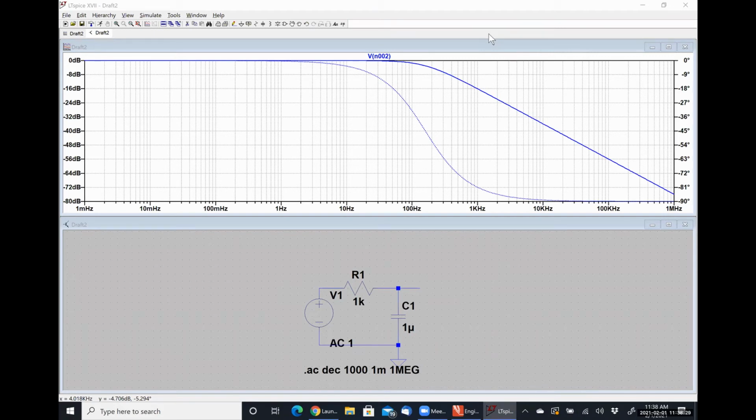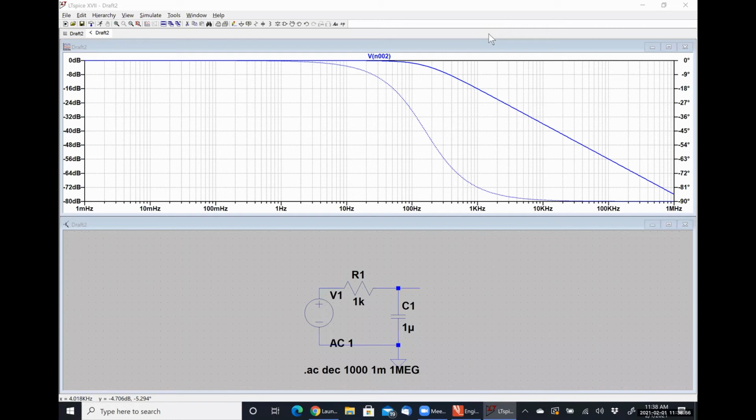However, I want to point out that it is not giving us the information in a way that we would be particularly used to seeing. And what I mean by that is look at the y-axis on the left-hand side of the screen. We are given our response in units of decibels, okay?